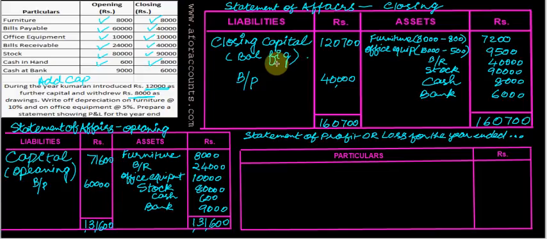Okay. Now the profit or loss statement. Start the profit or loss statement. So I will use the words capital at the end. Capital at the end is 120,700. Then I have add, less. Add drawings.